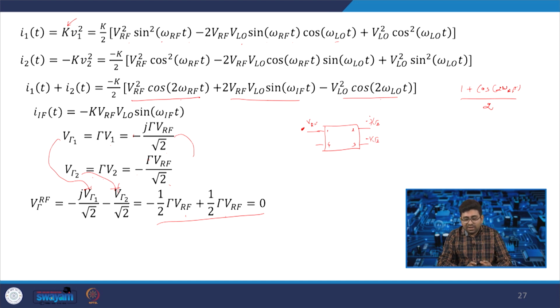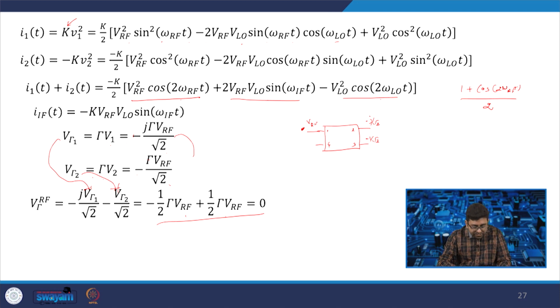So, it is very helpful for high frequency because if your input port is matched and your coupler port is matched, then there is no reflection at the input.